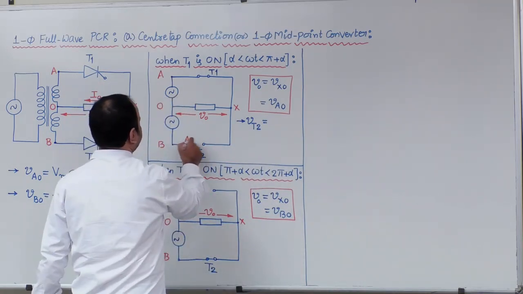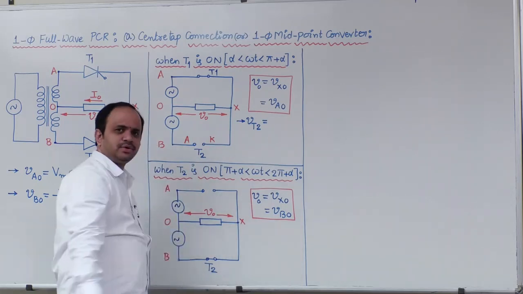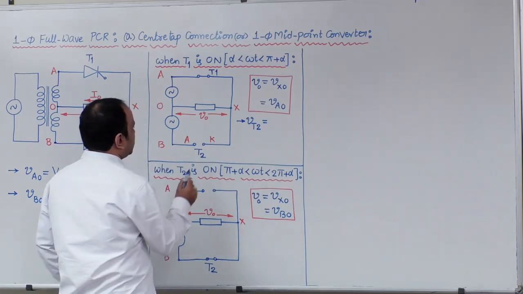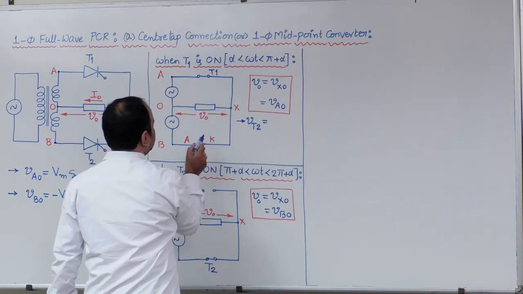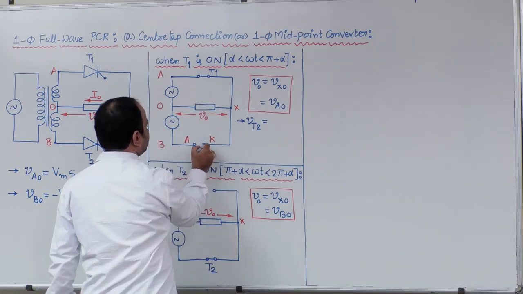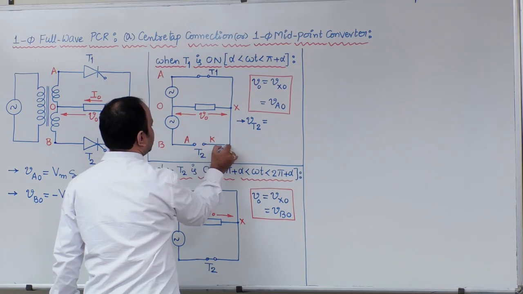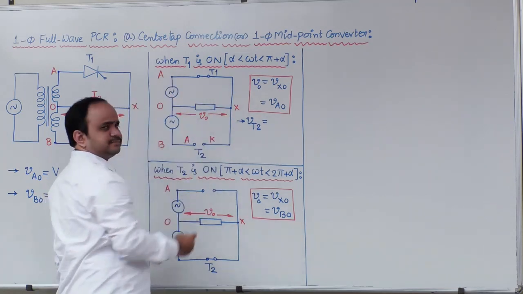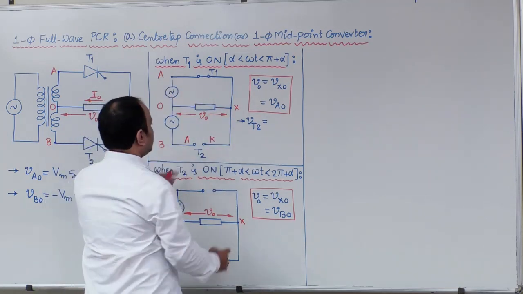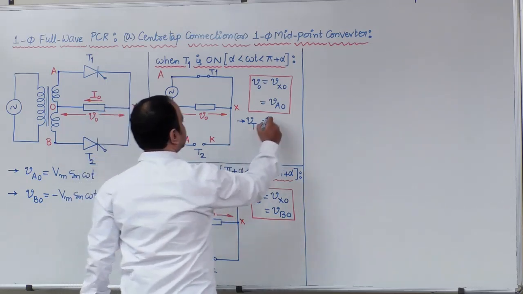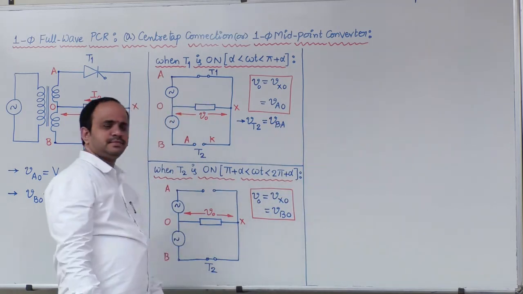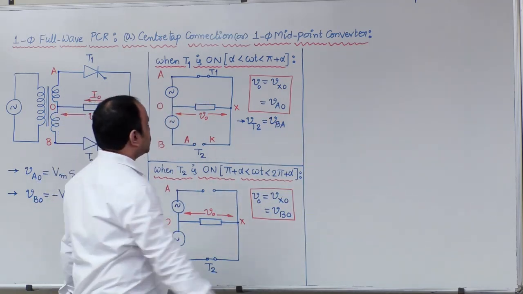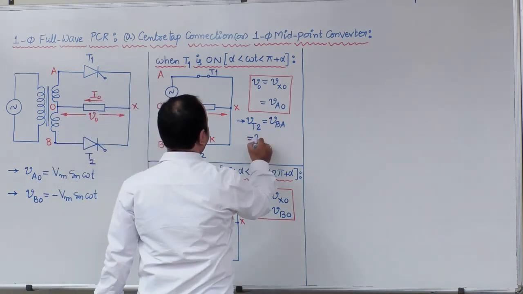That is simply the anode to cathode voltage. So when T1 is on, the cathode terminal of T2, that is K, is connected to source terminal A. So how can you write voltage across T2 here? That is VBA.